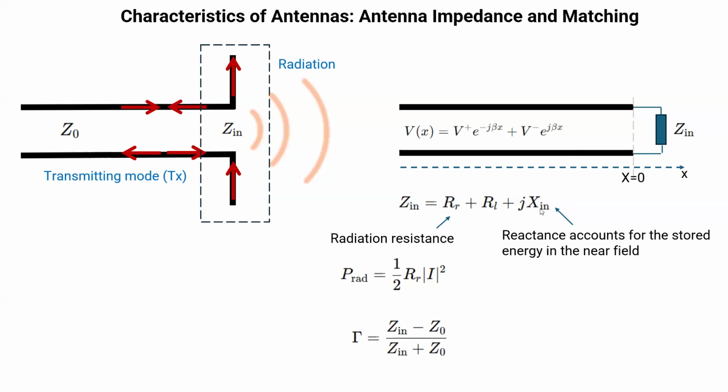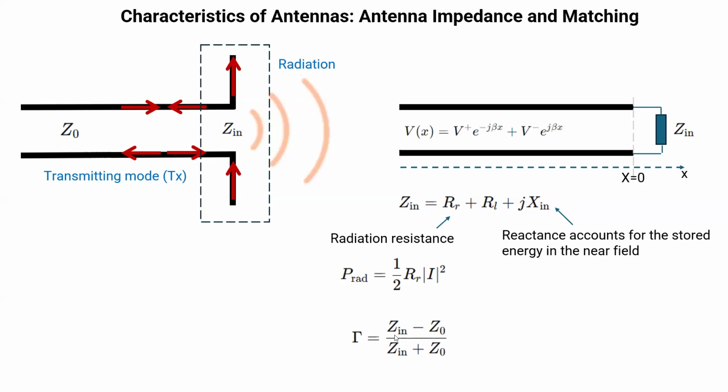So by introducing this input impedance, now I can describe the antenna in terms of lumped element parameters, and represent my antenna as a load connected to the transmission line. In this case, I can use the standard approach for calculation of the scattering coefficient, gamma. We derived this formula 2 weeks ago, right?